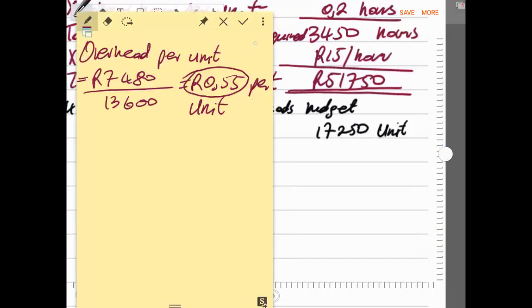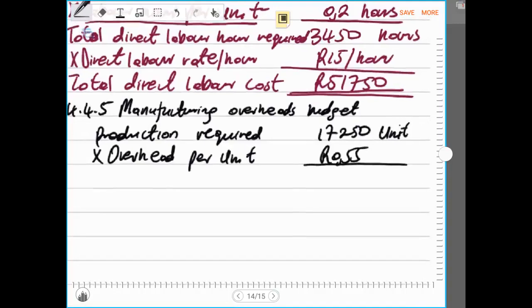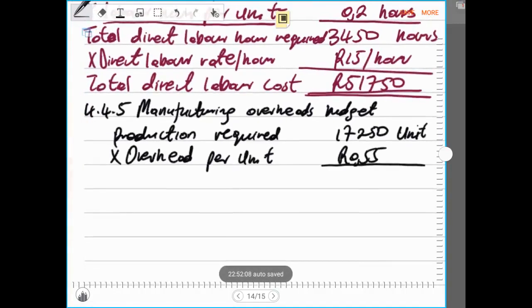Then we multiply by the 55 cents. That will give us the total overhead cost to manufacture 17,250 units.